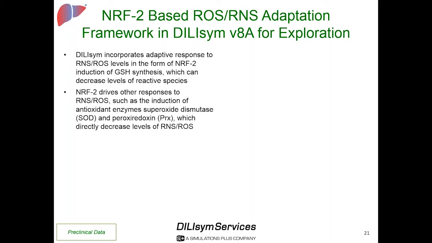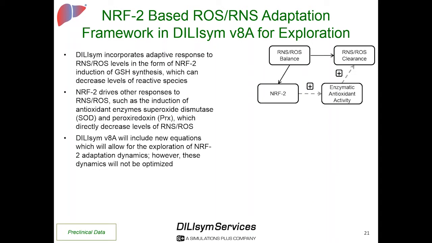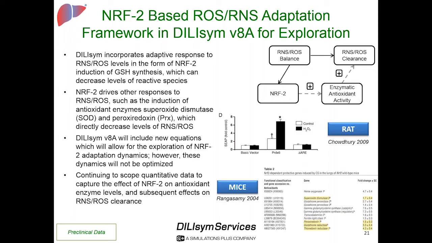And of course, there are other enzymes like peroxiredoxin and superoxide dismutase and others that are being upregulated through this type of pathway, NRF2. And so what we've done in 8A is add a framework that allows you to explore this feedback and adaptation mechanism. And here's some data, for instance, in rats and mice showing, in preclinical data, there's in vitro data as well, but especially preclinical data showing upregulation of some of these clearance pathways and how that could affect and lead to adaptation.